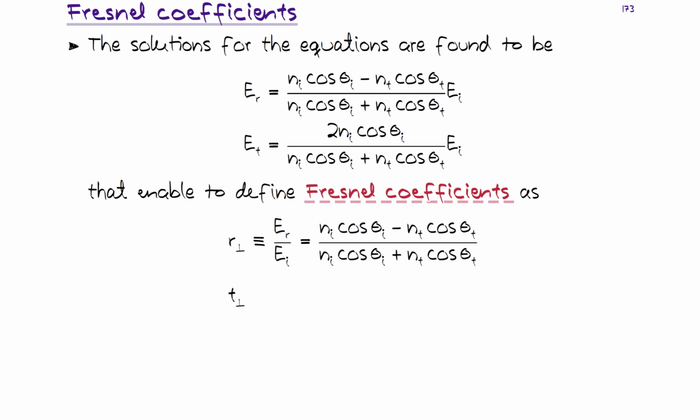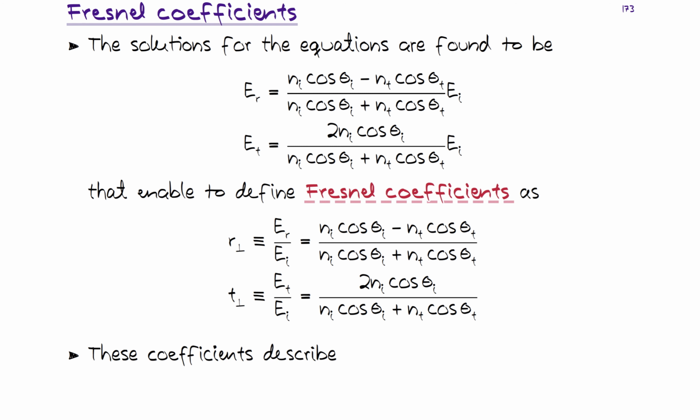And similarly the T, so that would be the Fresnel transmission coefficient for the case that my incident field is perpendicular to the plane of incidence, and this is now similarly defined that it's the transmitted field amplitude Et divided with the incident field amplitude. And again, this makes perfect sense, and then I can just look at the above equations and I can see that this is actually the case.